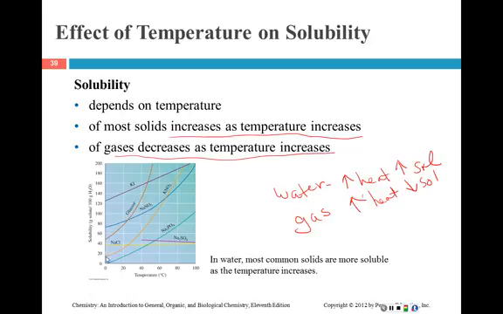So in sodium chloride, if you have it at 20 degrees, you can put about 30 grams in 100 grams. But if you crank that temperature up to 60 degrees, then you can actually dissolve 110 grams in 100 grams of water. Okay, so that's quite a bit.